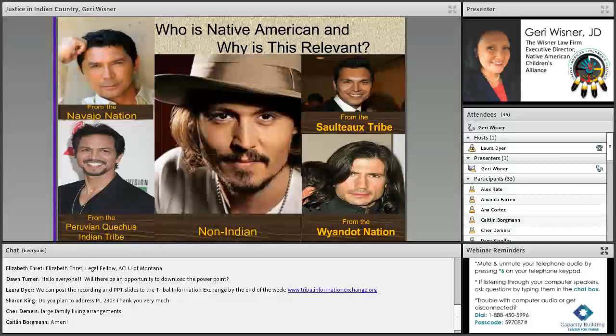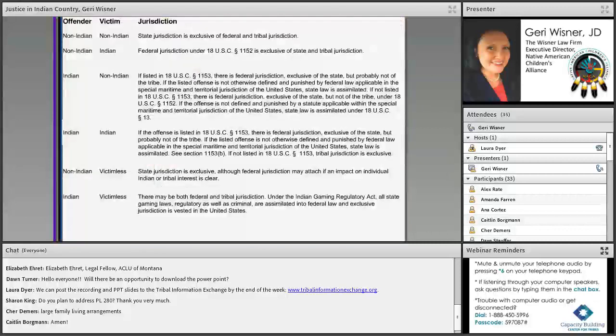Now, I shared these with the idea that we're talking about criminal jurisdiction because it differs. This is a cheat sheet, so if you download this, I want you to make sure you understand it is for criminal jurisdiction purposes.